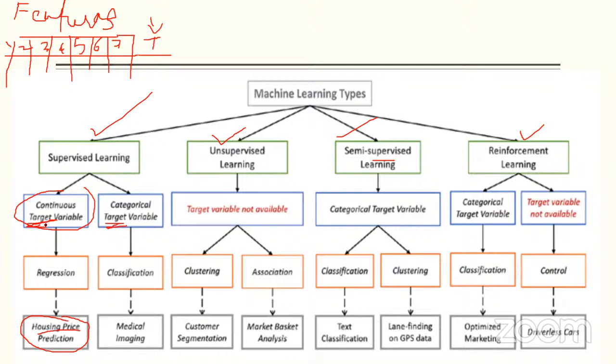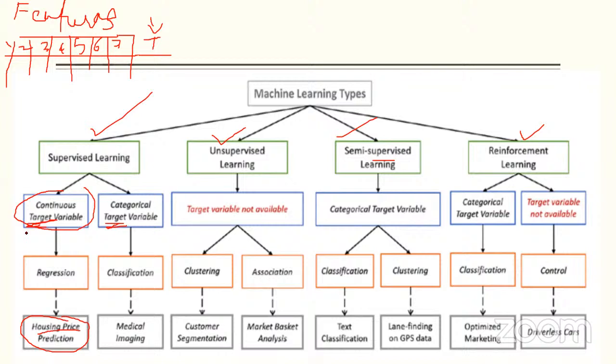Features would be many. It can be 1, 2, or 10, right? Or maybe even 50 features. But the target, we're talking about one target at a time. I want to predict the housing price or price of the apartment, price of the land, or the sales that we are going to make next month, etc. That's called the target.